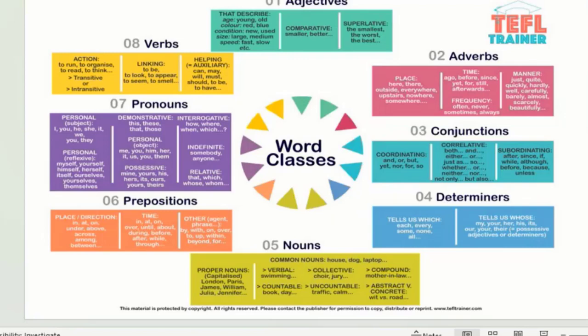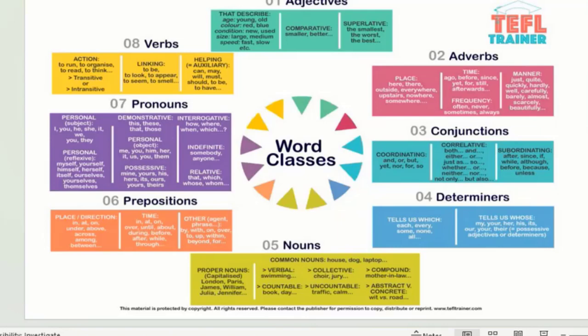You just use action words without even thinking, because you have learned to understand them. Linking verbs: to be, to look, to appear, to seem, to smell, to rush. Those are linking verbs that one uses on a daily basis.